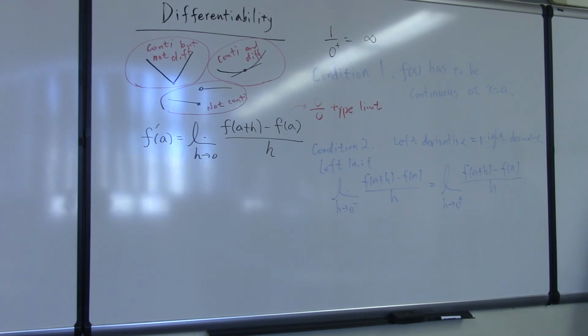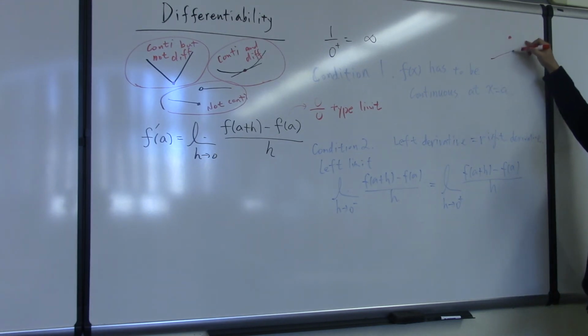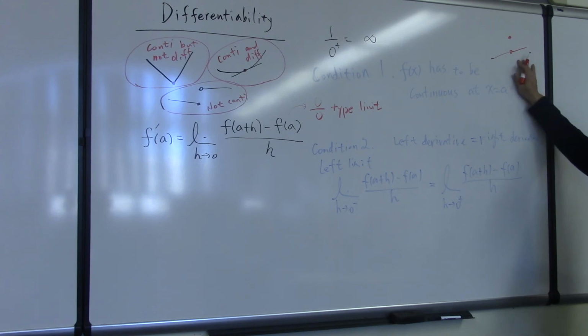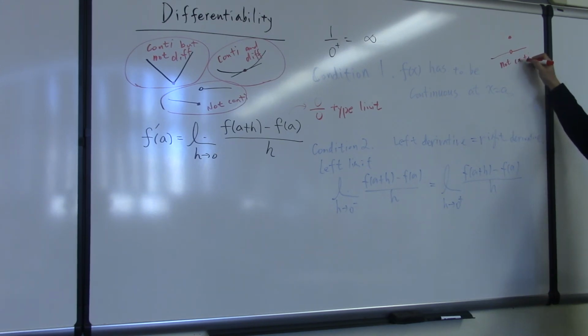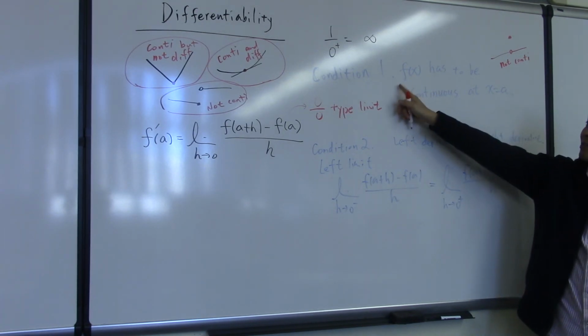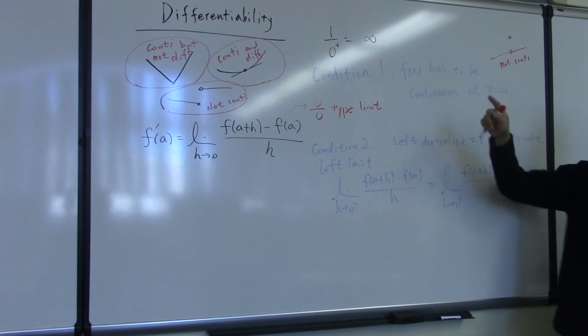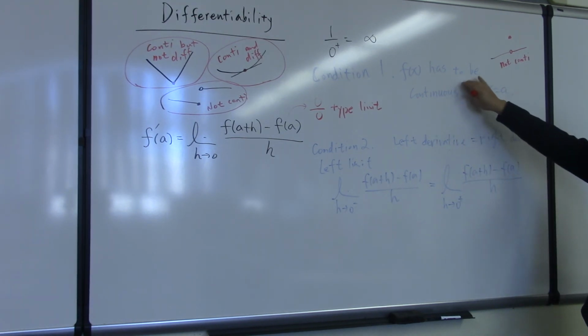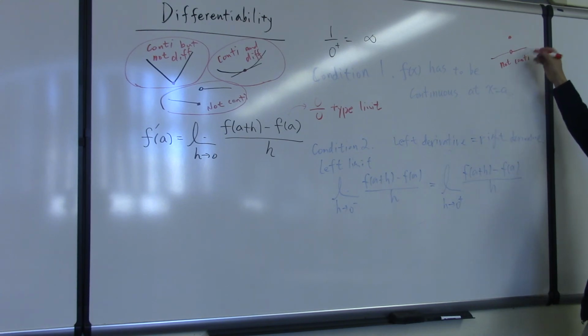Yes? Like if there's a line and a hole in the graph? Yeah, like this one. That's a removable discontinuity. This is not continuous, because the limit of the function should equal the value. That's the first condition. So this is not differentiable.